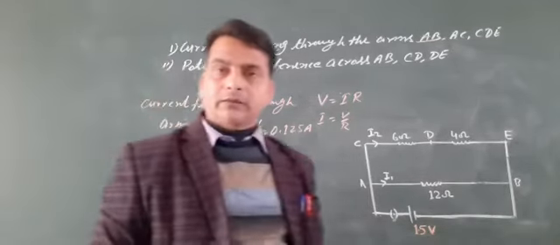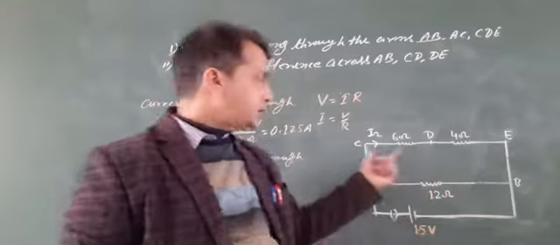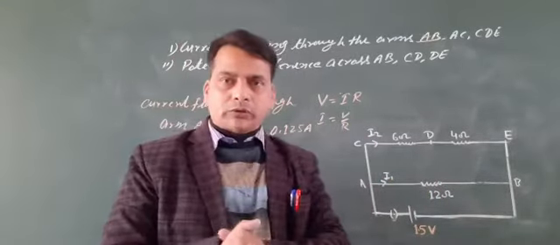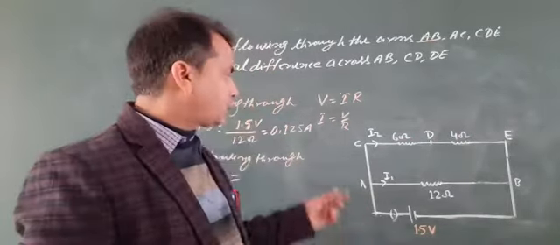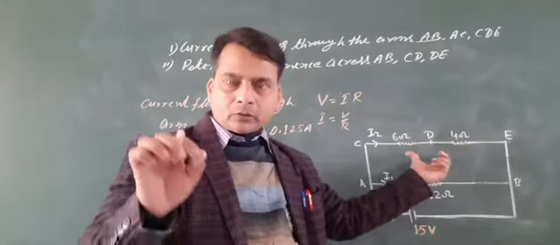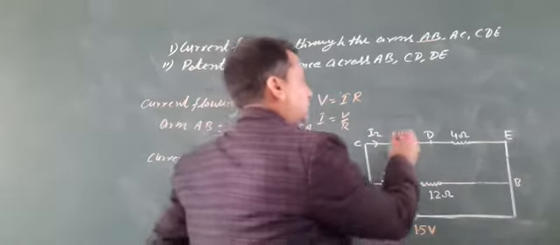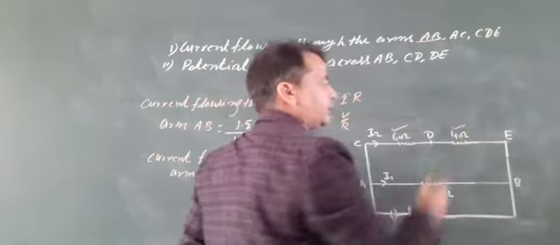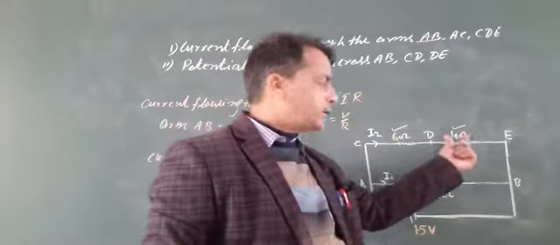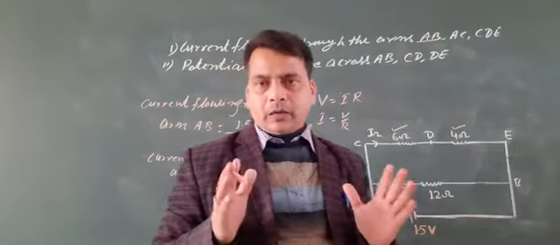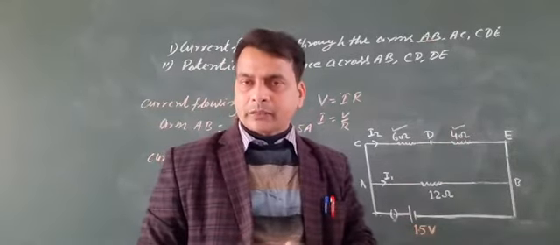In this arm, two resistors are used, 6 ohms and 4 ohms, and these resistors are used in series combination.